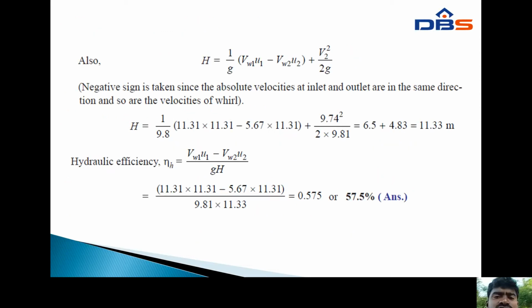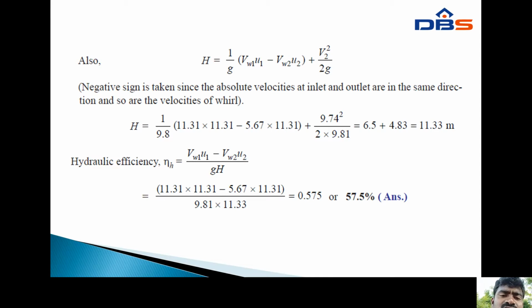Next, H equals 1 by G into VW1 U1 minus VW2 U2, plus V2 square by 2G. Negative sign is taken since the absolute velocities at inlet and outlet are in the same direction.